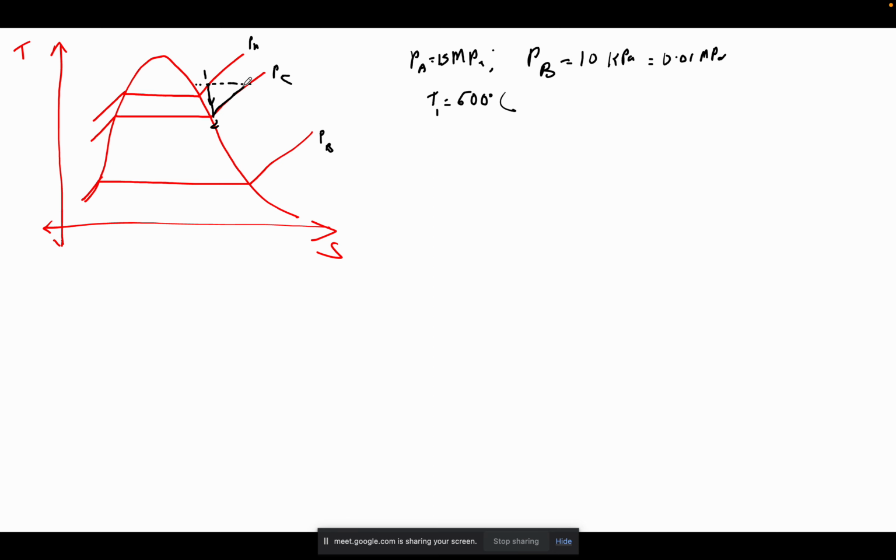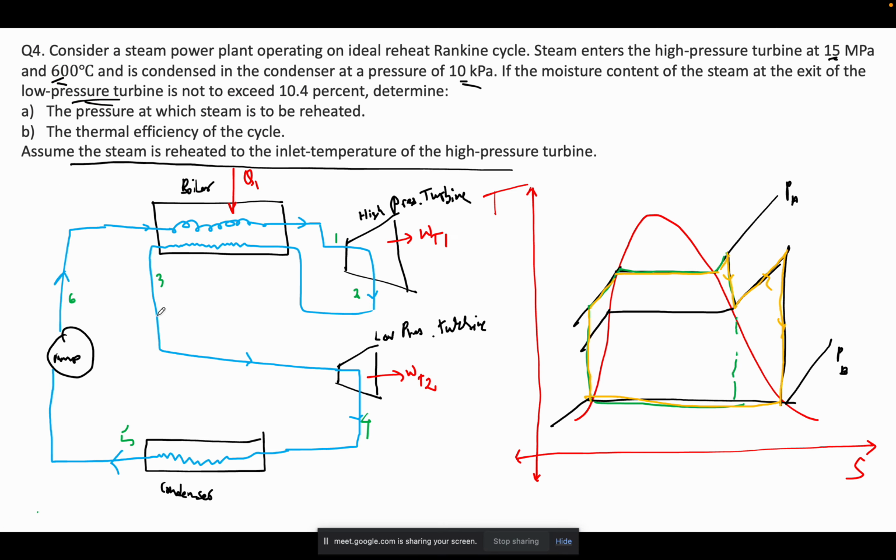It will be reheated to this point and then further expanded. This is my 3 and this is my point 4, then this is my point 5, then finally it will go to this point 6. Clear?